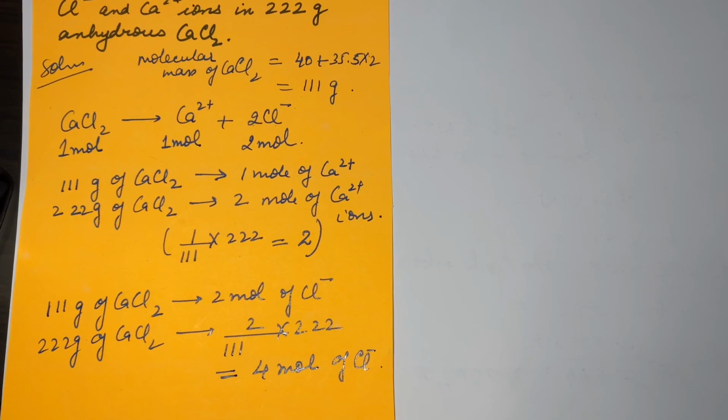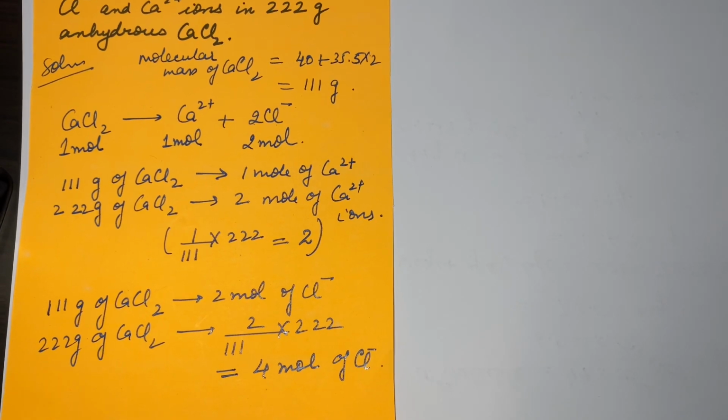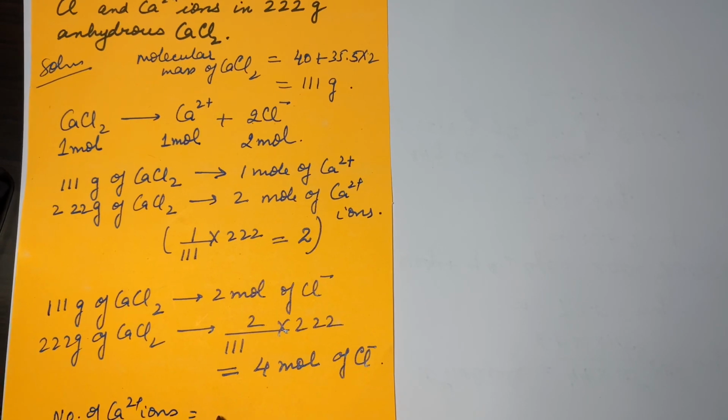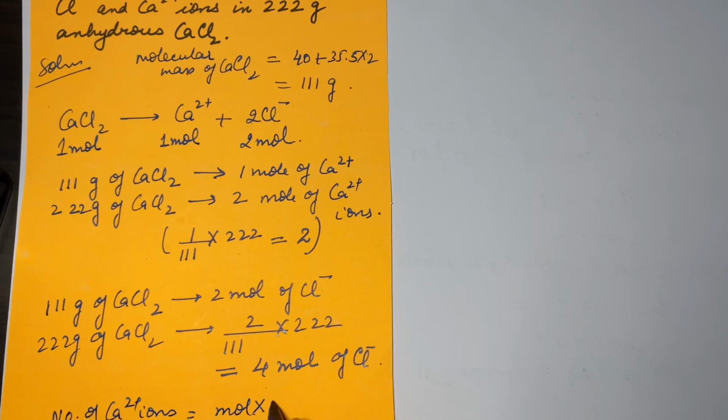Now this is the number of moles. Now in the question it is asking about the number of calcium ions and the number of chloride ions. So the number of calcium ions is equal to moles into Na.